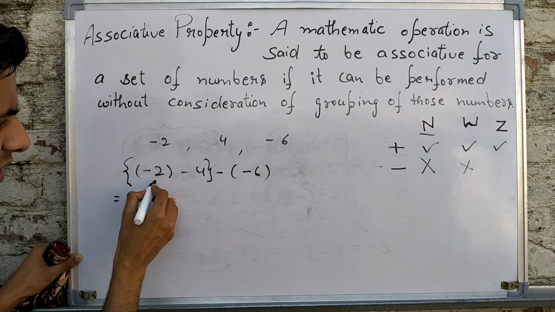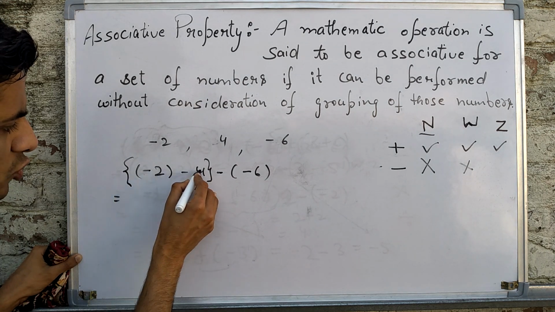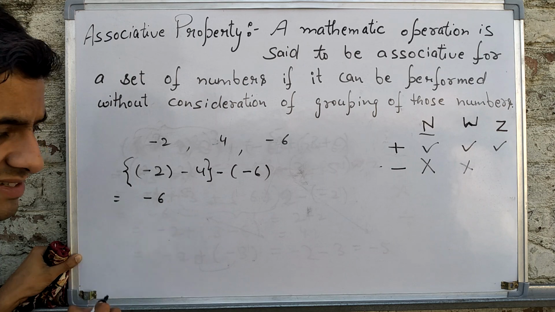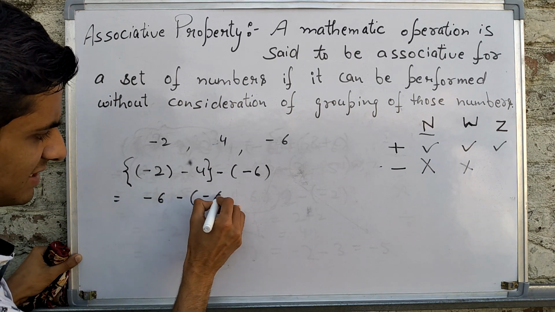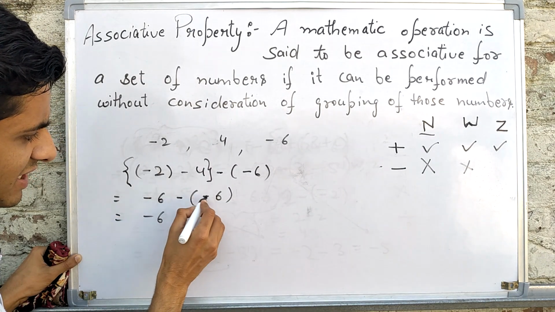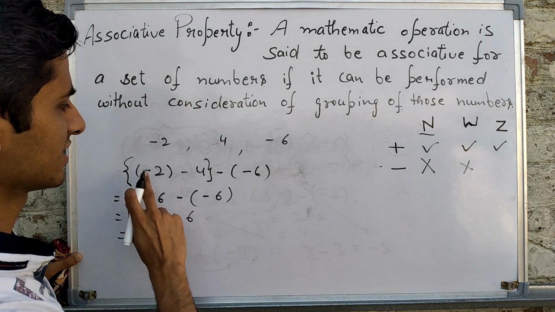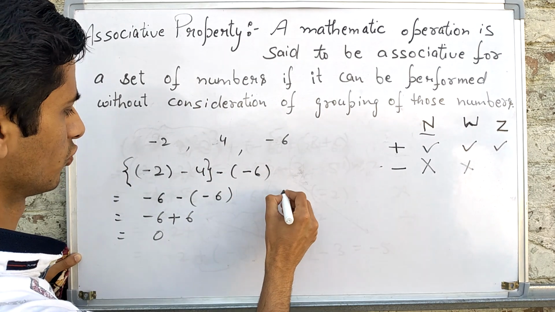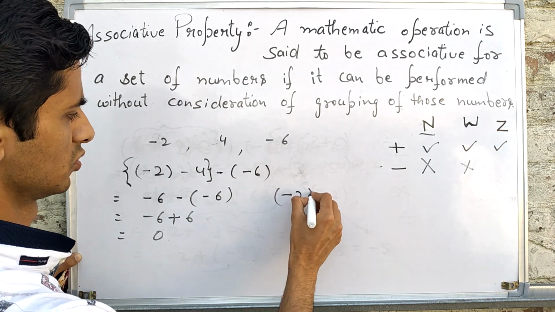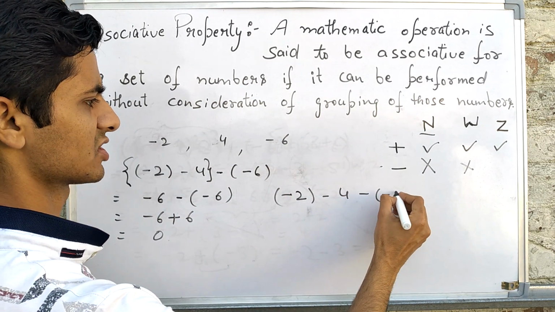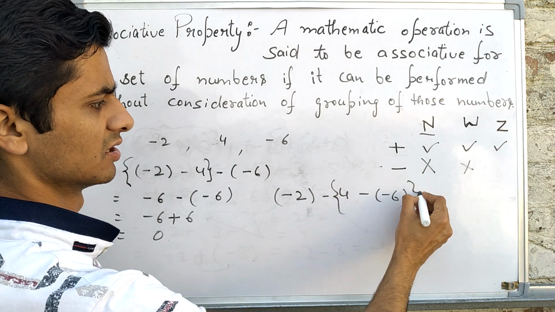So it comes out to be -2 -4 is -6, -6 -6, minus plus comes out to be 0. Now let us do grouping of the last two first. -2 -4 -6. Now I am grouping these two.